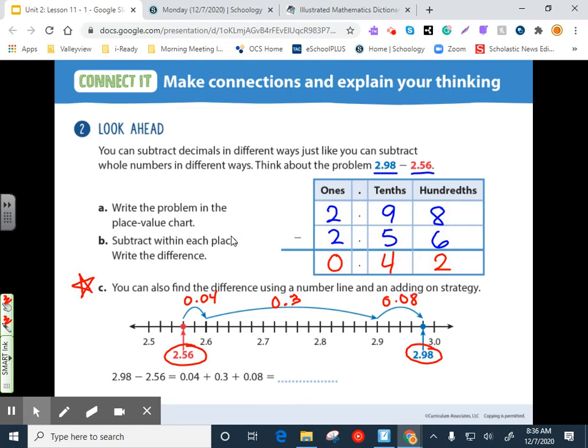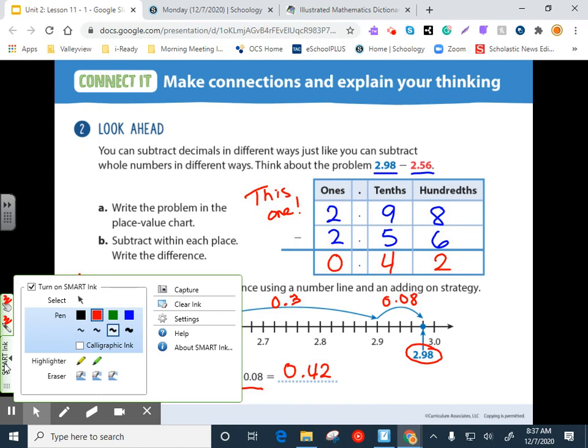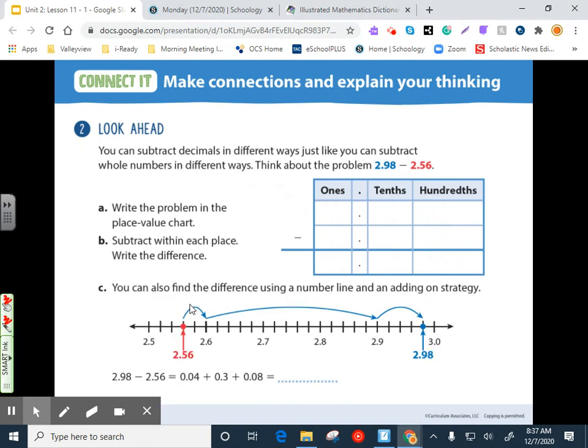And what you do is you add up all of those together, and that gives you your answer of 0 and 42 hundredths. But obviously, this is the one that we want to work towards. I just want to show you a second method to illustrate that there are many options in math.